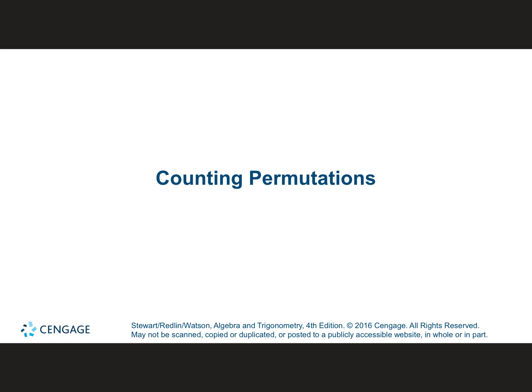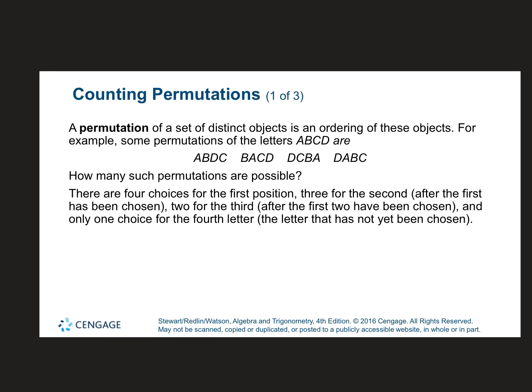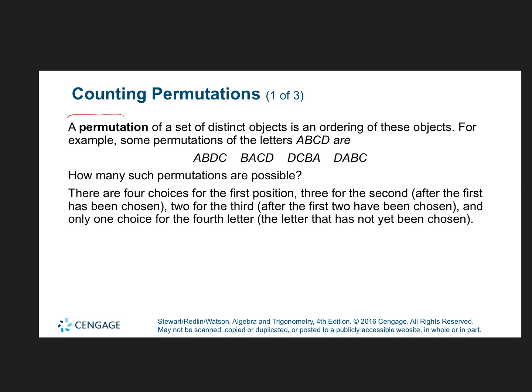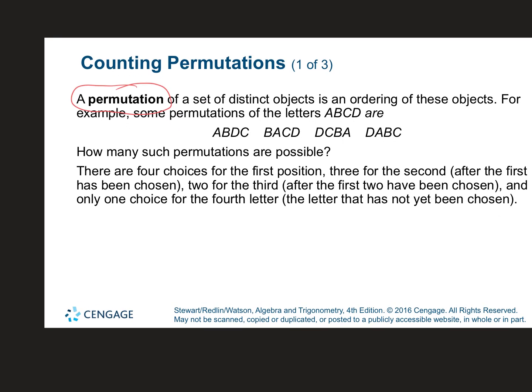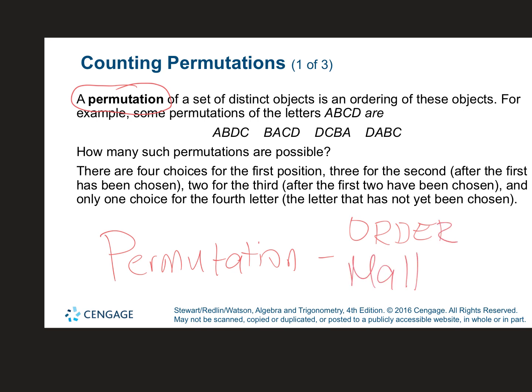Good. All right, now we're going to talk about something called permutations. A permutation, right here, is a set of distinct objects in an ordering of these objects. What I want you guys to understand from this is a permutation, order, I spelled it wrong, order matters.